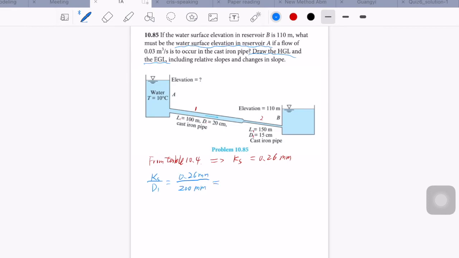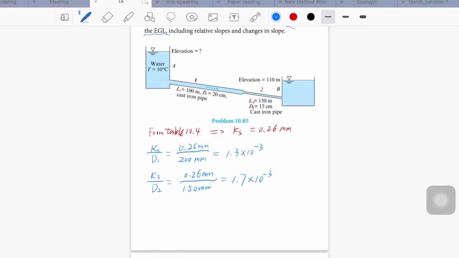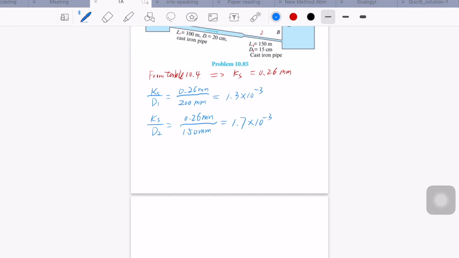So the relative roughness for pipe 1 is 1.3 times 10 to the power of -3. The relative roughness for pipe 2 equals 0.26 millimeter divided by 150 millimeters, and the value is 1.7 times 10 to the power of -3.